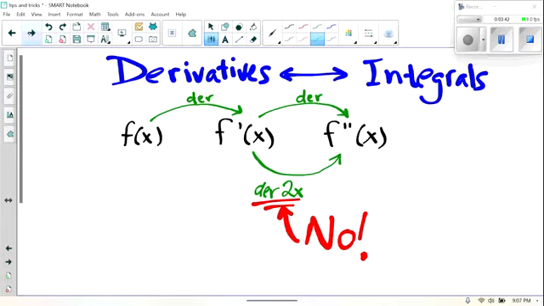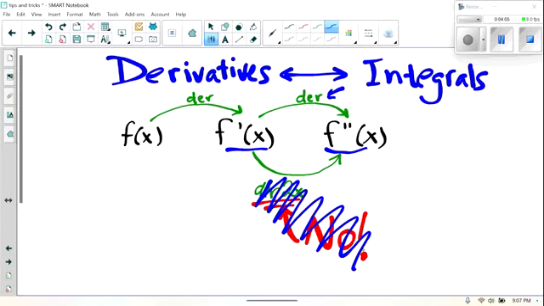No, no. If they ask you for the second derivative and they give you the first, do not take two derivatives just because your brain is thinking second derivative. The second derivative is only one derivative away from the first. Do not just do two derivatives because they mention second derivative.